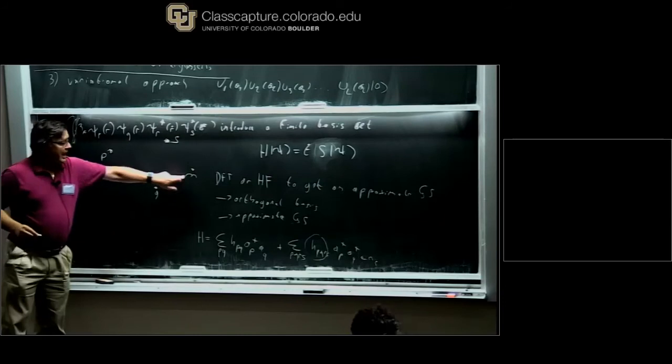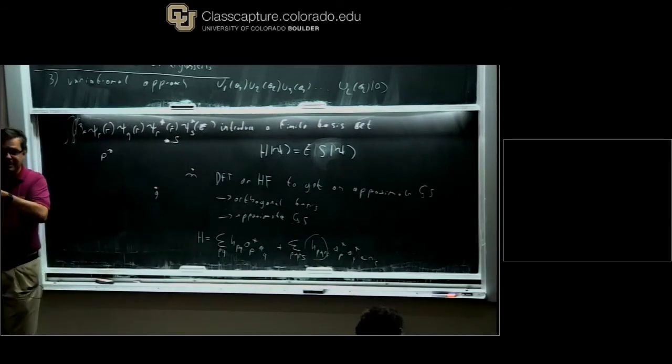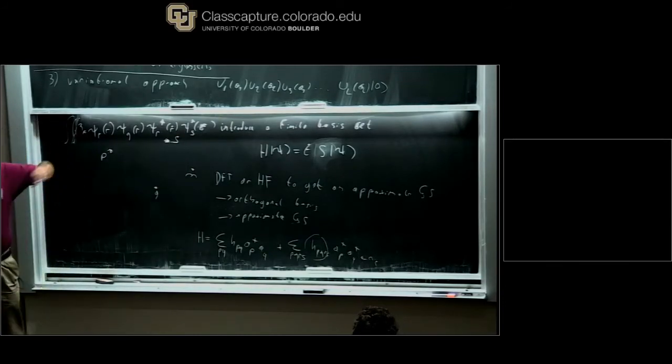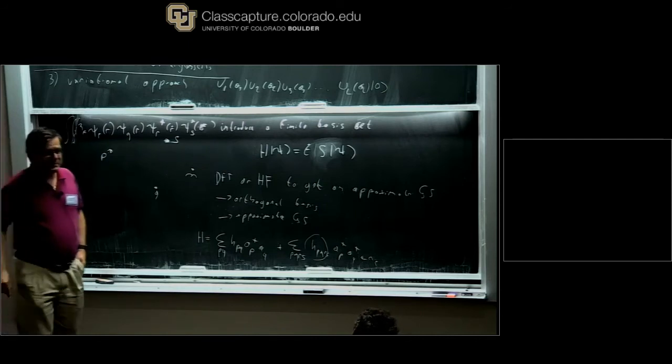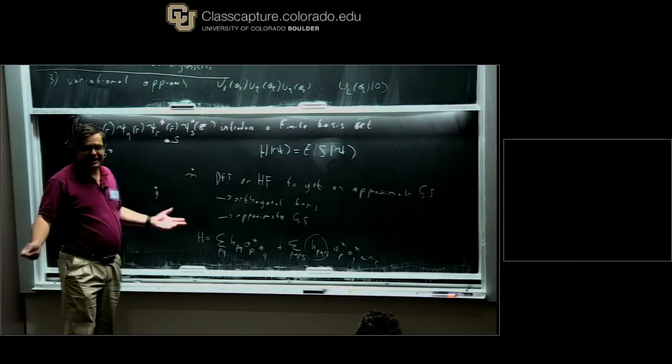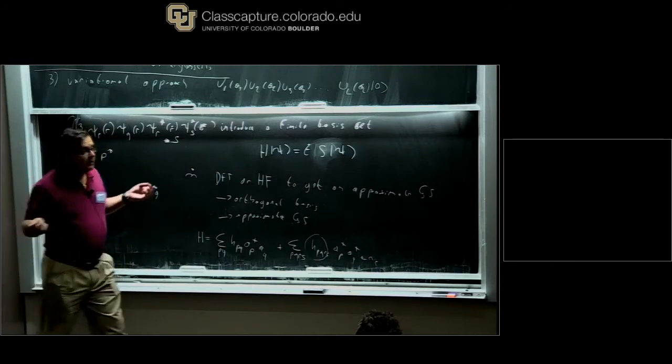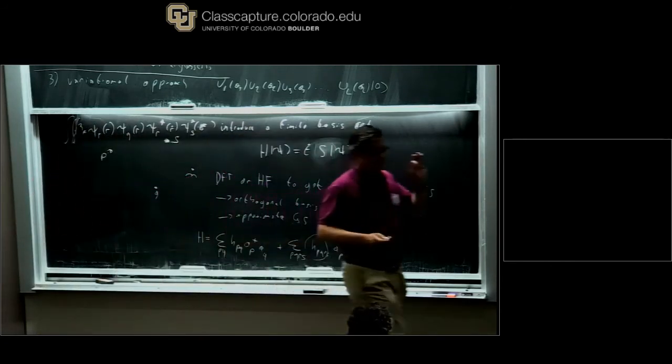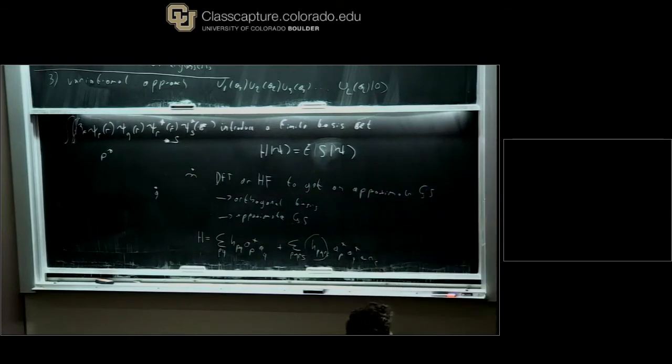If P, Q, R and S sit on the same atom, it is pretty large. When they are far apart, the overlaps are tiny, the integrals are tiny. So most of these terms are tiny. I cannot ignore them, but they're small.